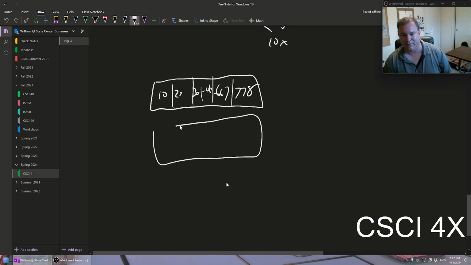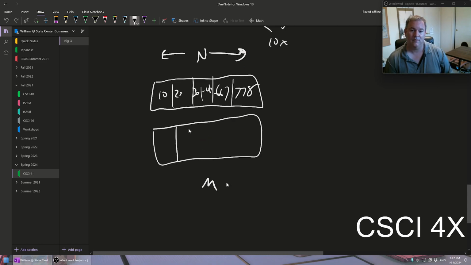So this is size n. And I've got another vector, and this one is size m, with some data in it, whatever.